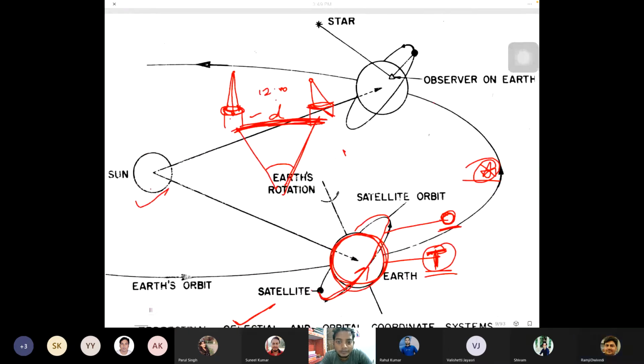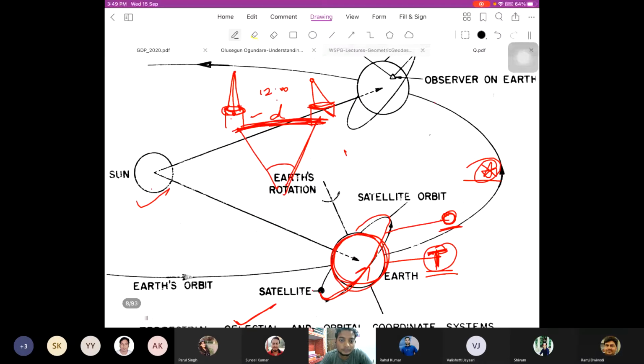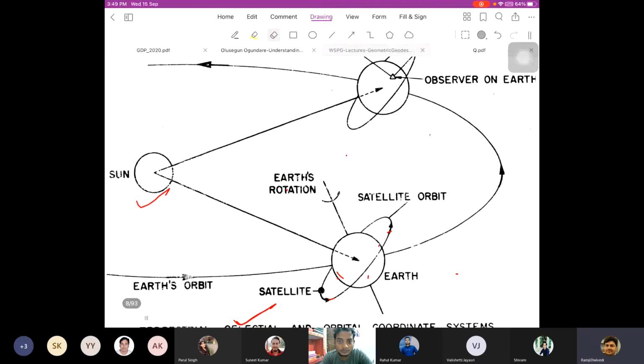this is your sun, and your earth is moving around it. Understand the planet earth's position on the surface of earth. Sometimes what happens is you do not consider the position of earth in the inertial space or in the celestial sphere.